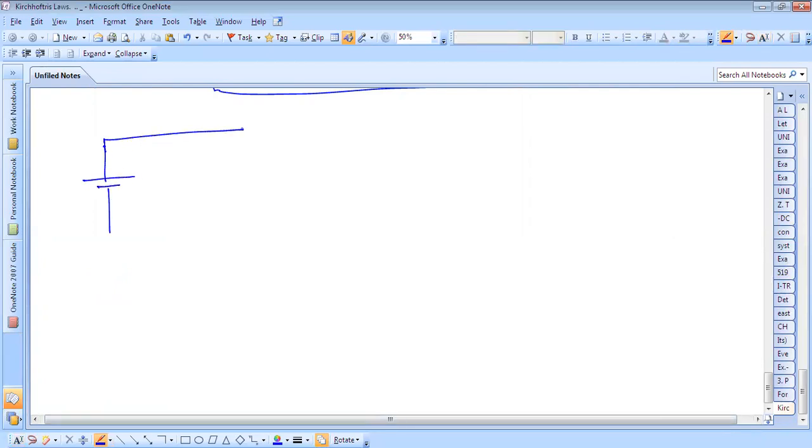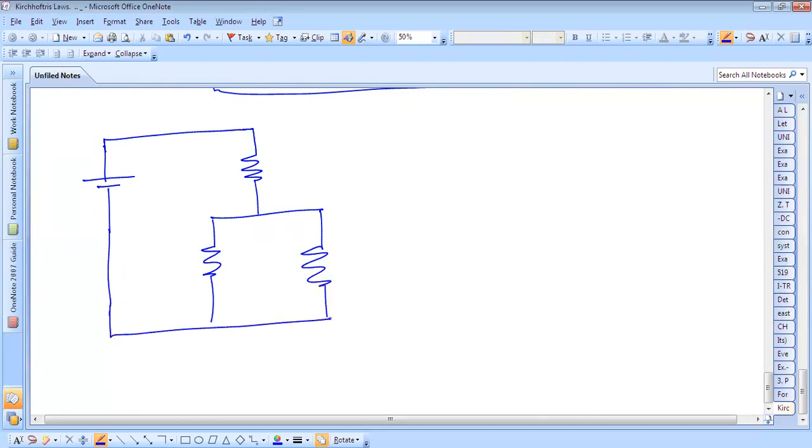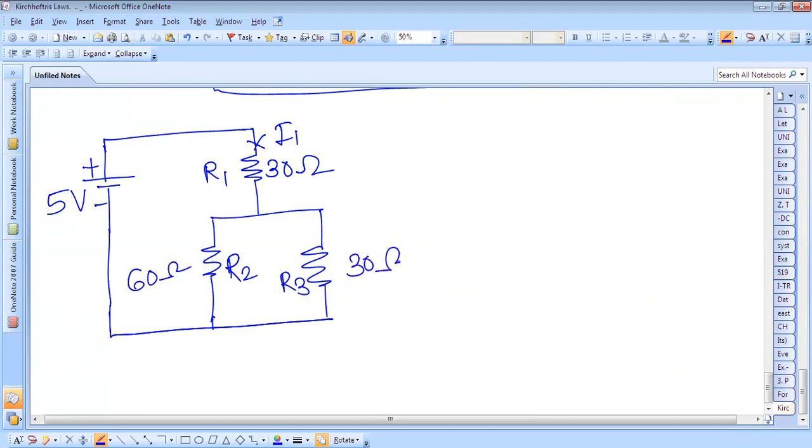This voltage source is there, this resistance is there, and one more resistance is there. This voltage is given as 5 volt, and this is I1. R1 is 30 ohm, R2 is 60 ohm, and R3 is given as 30 ohm.